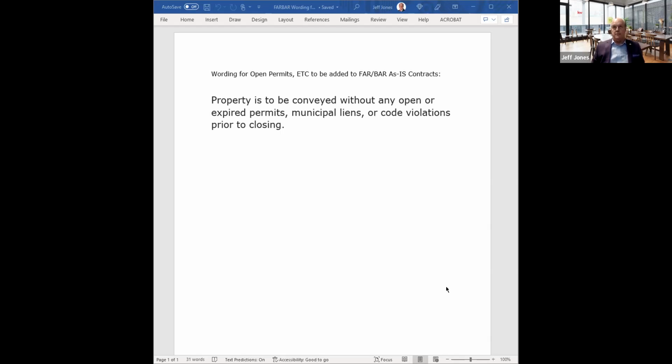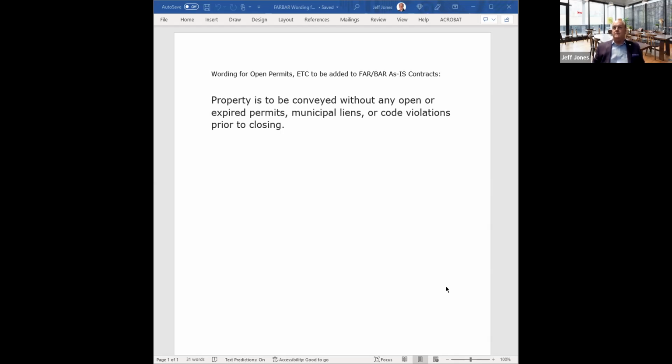So if you put this language into your other terms and conditions, you will protect yourself from a couple of situations that we've had this week where there were open permits with substantial financial implications. And what happens if the seller is putting on a new roof and the roof isn't done? Tiles were delayed.